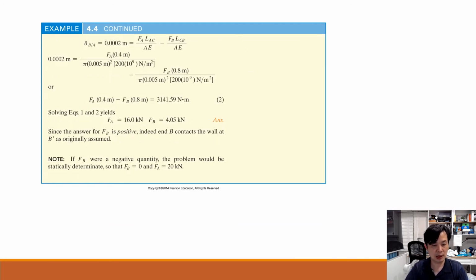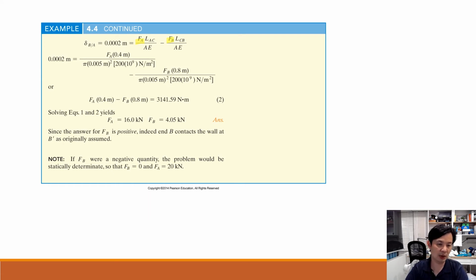As we mentioned in the previous example, this delta equals FA times LAC over AE plus FB times LCB over AE. The relation of FA and FB can be derived from the free body diagram in the AC section and in the CB section. The minus sign means it's a compressive one.